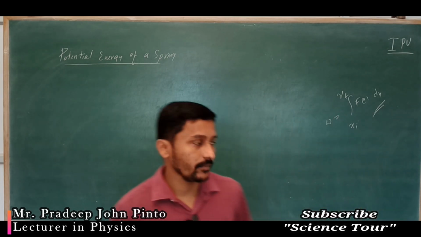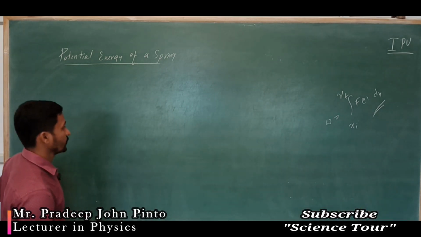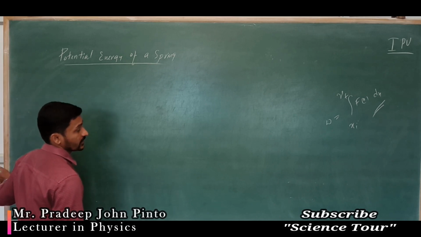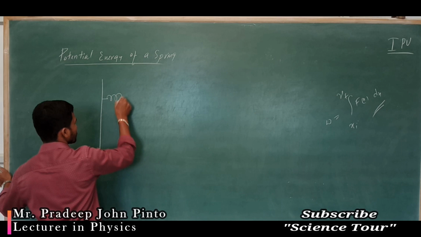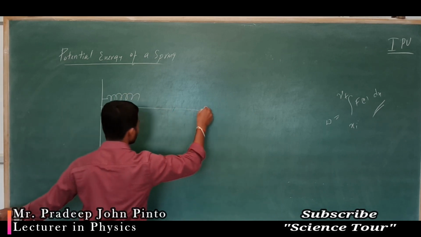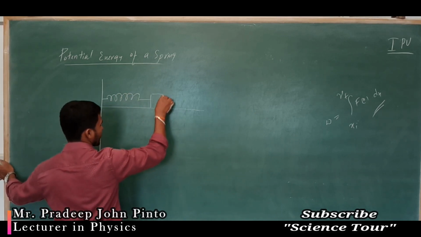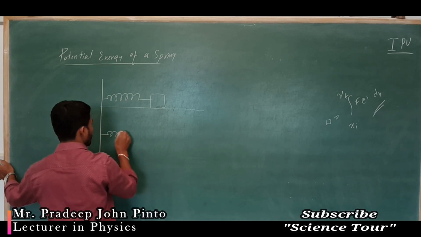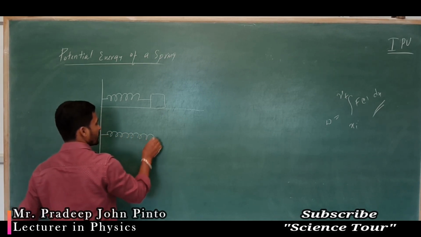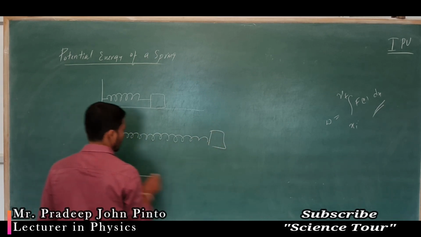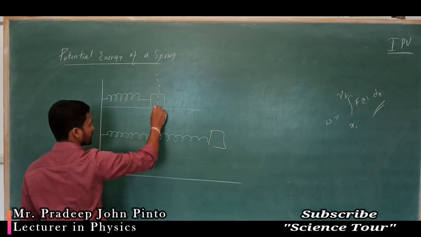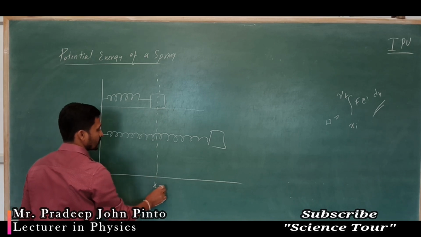The force of a spring is a variable force. Consider a spring on a smooth plane which is attached to a mass like this. Now what happens, you are going to extend it. Say this is x is equal to 0.